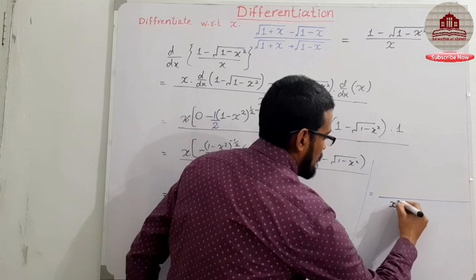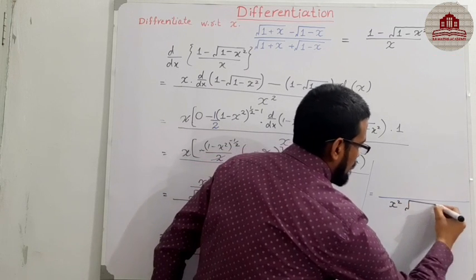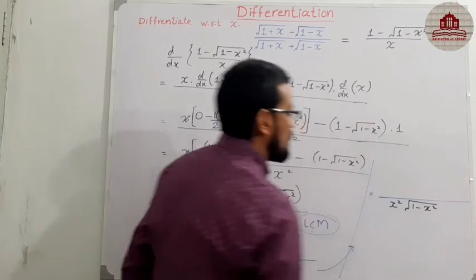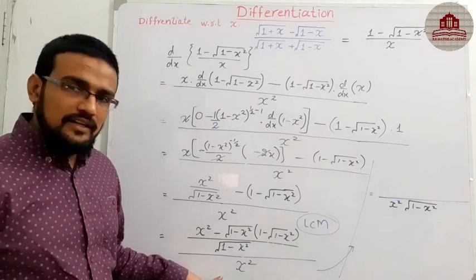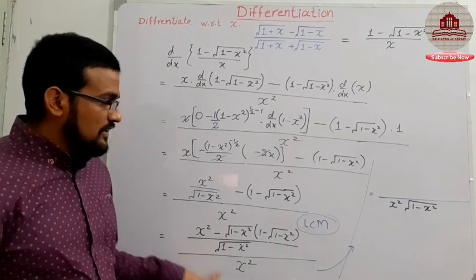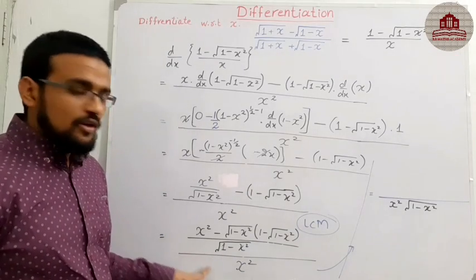X square you can write in this form, 1 minus x square. Okay, because this is a divide and this is also a divide, then both become multiples of the denominators.